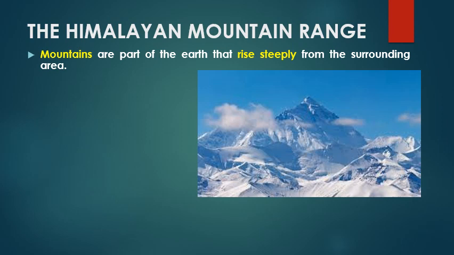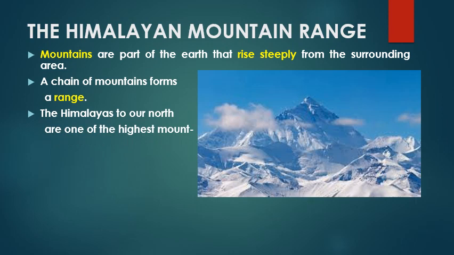That is the reason we have seen that there are steep slopes in a mountain. A chain of mountains forms a range. So why do we call it the Himalayan mountain range? Because there is a chain of many mountains lying side by side. So that is called a range.